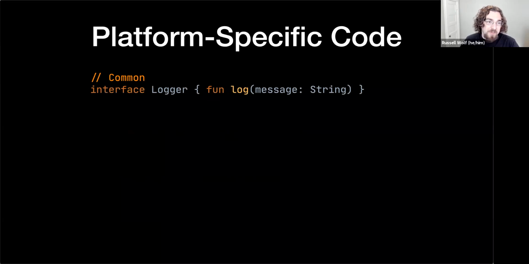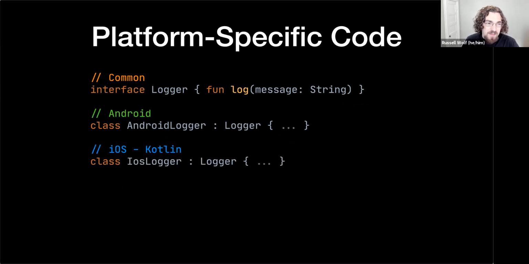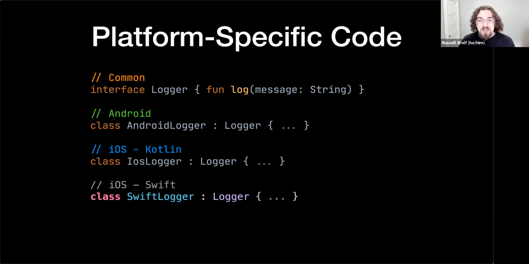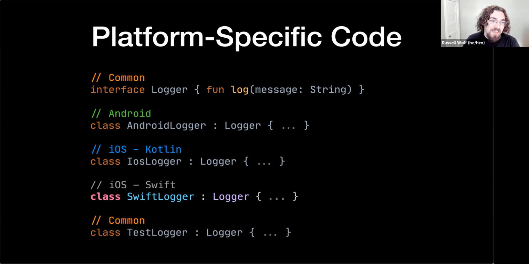But you do if you have something like an interface. So you could have, say, this logger interface defined in common that might have an Android implementation. It could have an iOS implementation in Kotlin, but with an interface, you can also implement that from Swift. And depending on your team and your workflow, that might be a better option. And then you also get the opportunity to add other implementations.